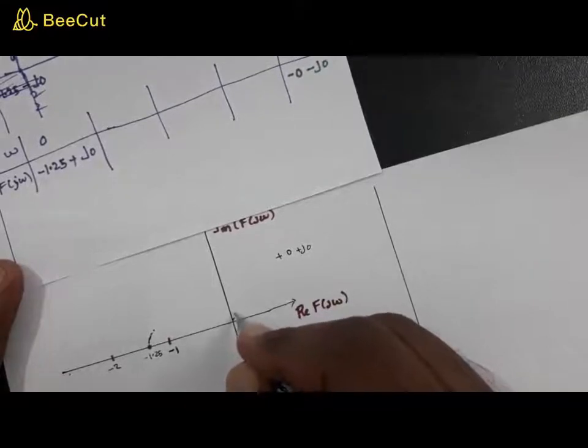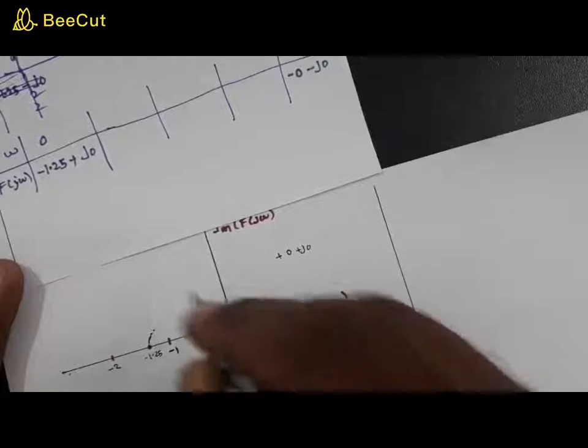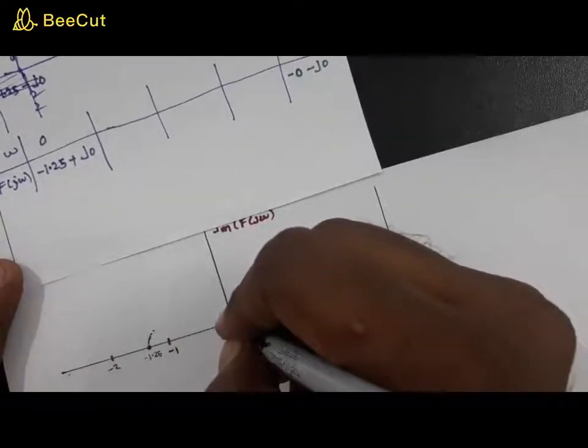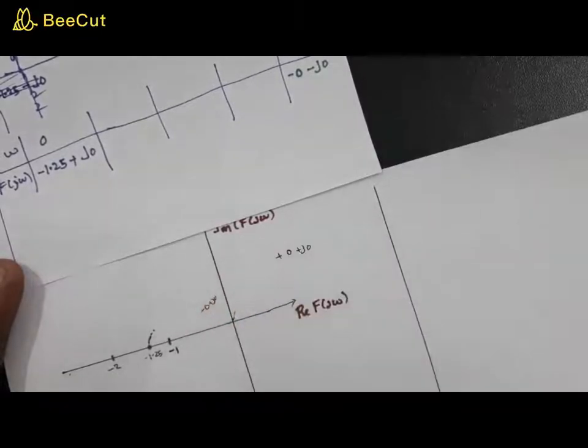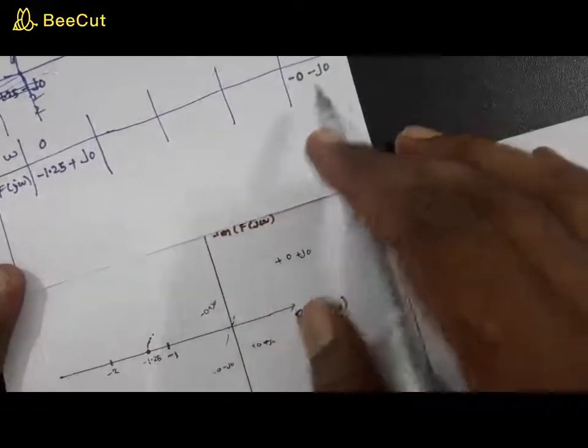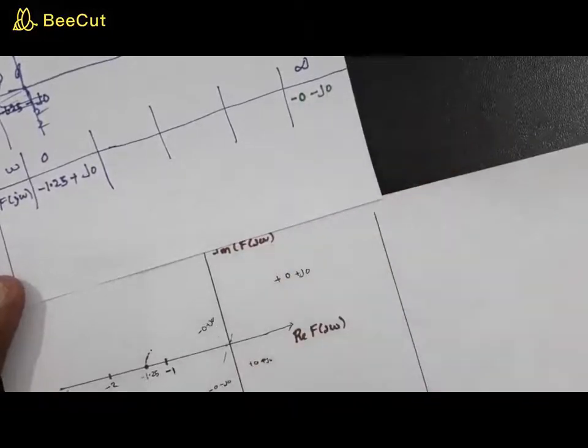So the terminating point will be coming through this quadrant. If a termination comes over the second quadrant, this would have been minus 0 plus j0. If it goes this way, this will be minus 0 minus j0. What about this? This is plus 0 minus j0. So by this you can identify the quadrant.